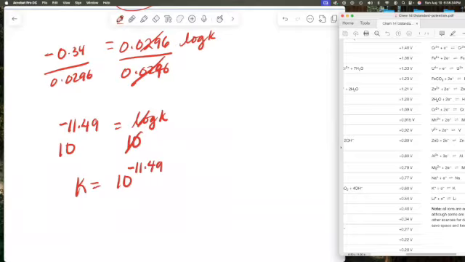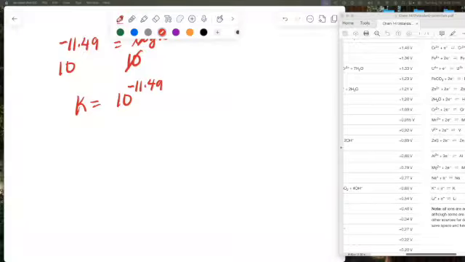Let me see if I can get the 10 to the power of the answer. How do I set it up over here in my calculator? Okay, so K is equal to, when I set this up, I get 3.31 times 10 to the negative 12.